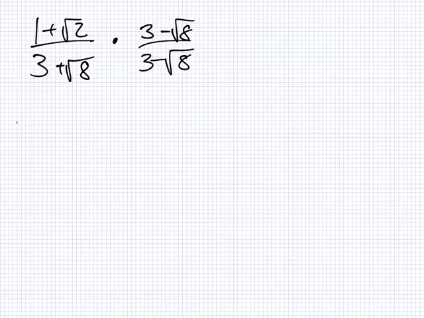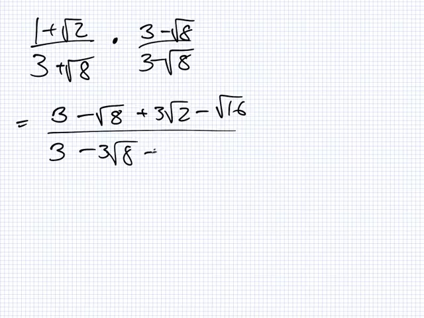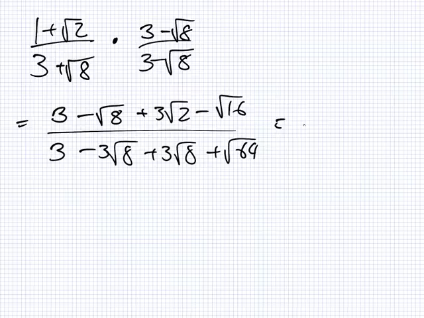So on the top I'll get 1 times 3 is 3 minus root 8 plus 3 root 2 minus root 16, and on the bottom I'll get 3 minus 3 root 8 plus 3 root 8 plus root 64 when I multiply. So on the top this will be 3 minus 4, which is minus 1, and I can change the root 8 into something simpler.